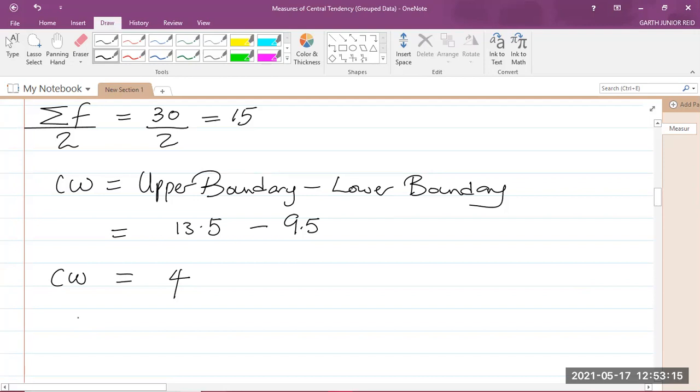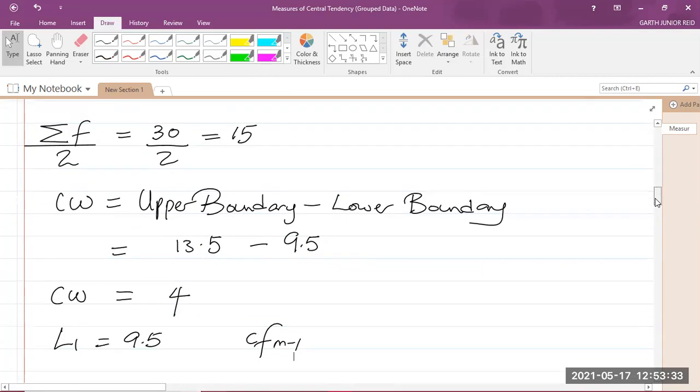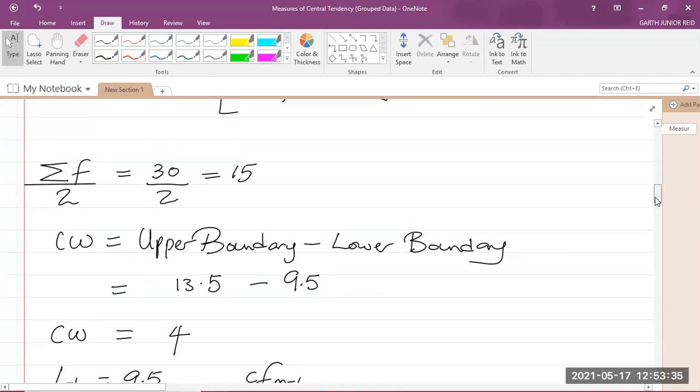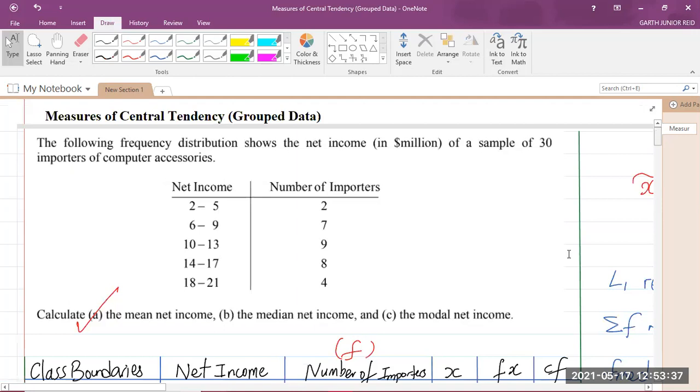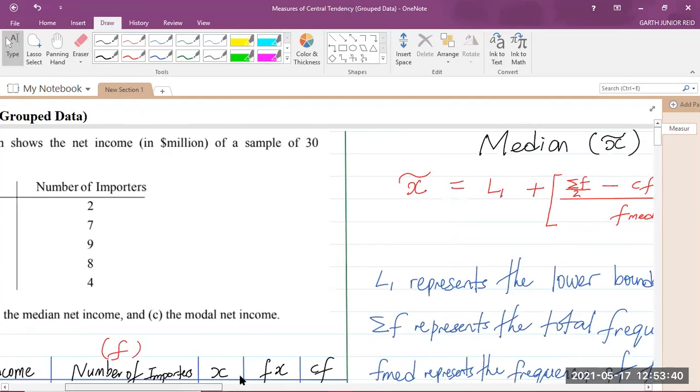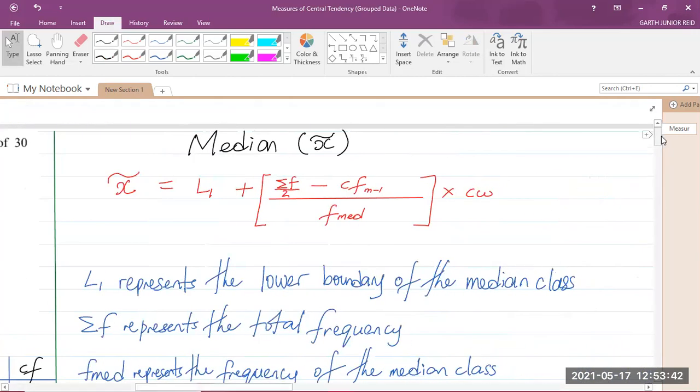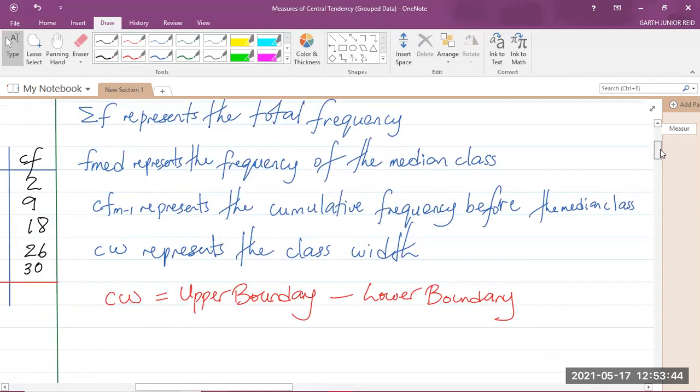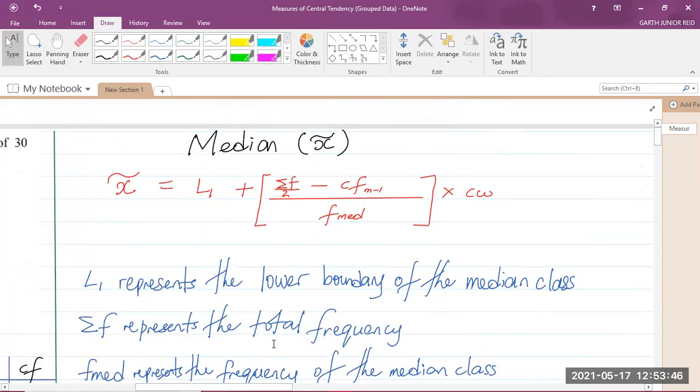And we know L1, which is the lower class boundary, right? We know that L1 is equal to 9.5. Okay, and we're now trying to find the cumulative frequency before the median class. So remember CF minus 1 represents the cumulative frequency before the median class.